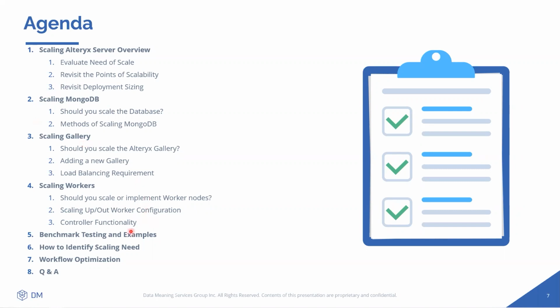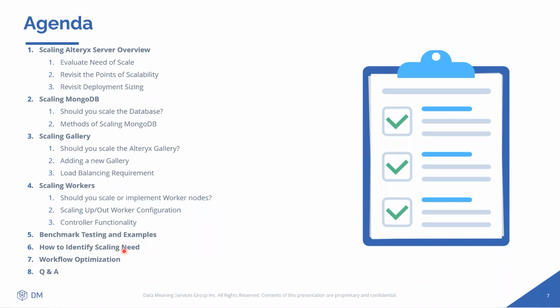And everything you need to know about scaling workers, right? Of course, especially the workers, since these are responsible for running all the workflows, we have some benchmark testing and examples as well. And of course, we always need to hear the users' feedback, our developers' feedback, but how can we start identifying the scaling need in a more statistical way, as well as some tips and tricks about workflow optimization.